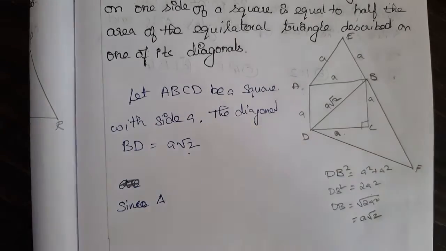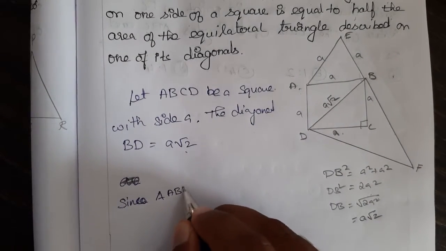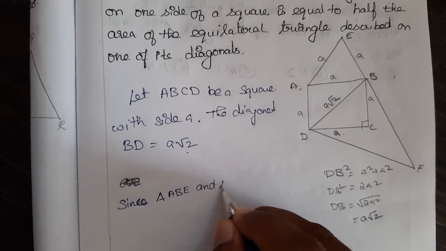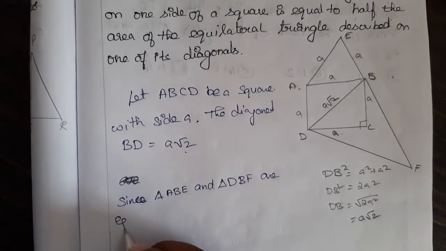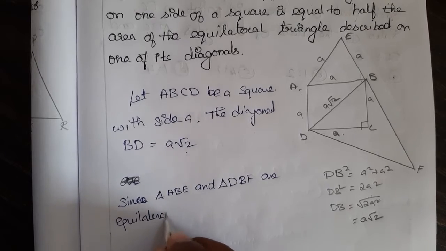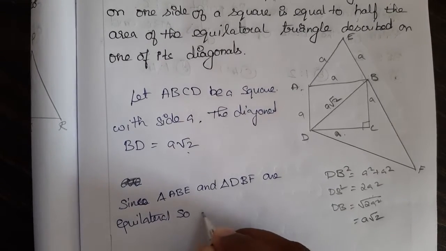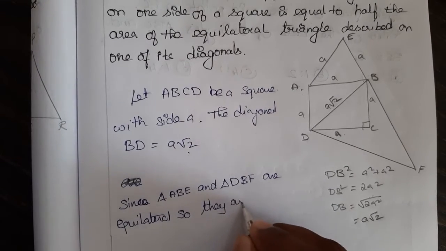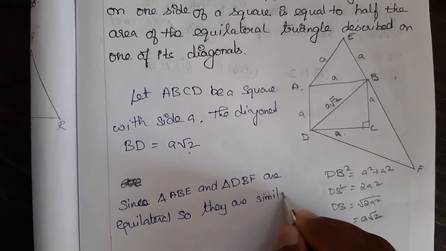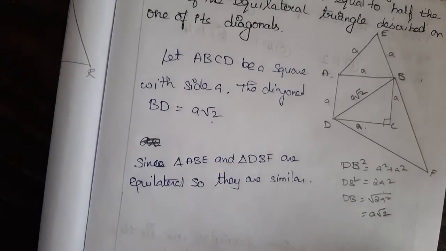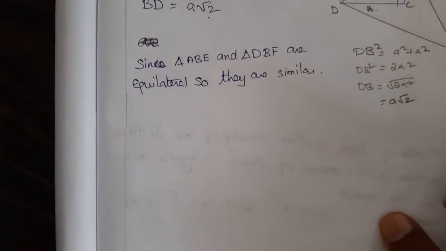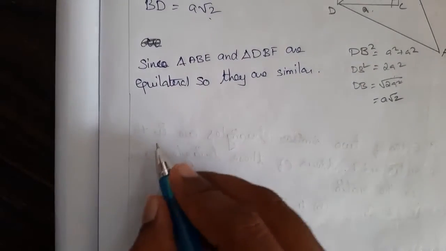Triangle ABE and triangle DBF are equilateral, so they are similar. We need not prove that, we already know it. So now that we have said they are similar, we can go for proving the areas.